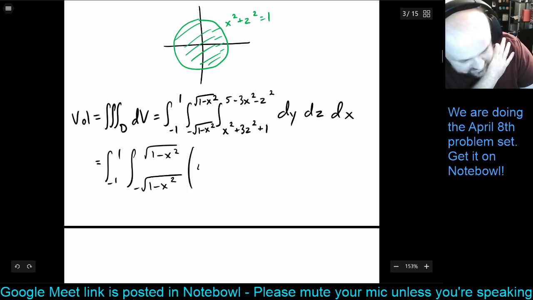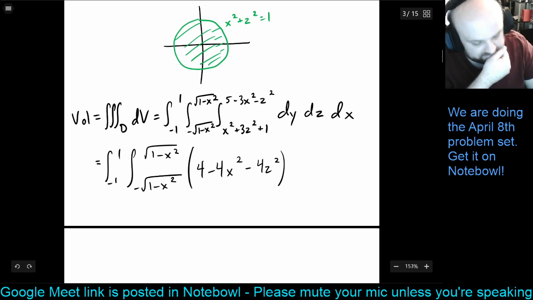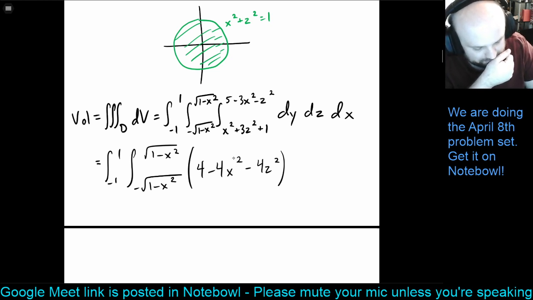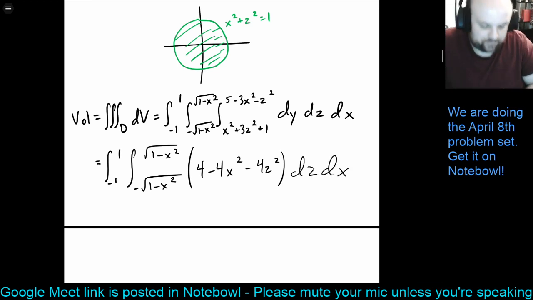Let's see, this minus this is going to be 4 minus 4x squared minus 4z squared. Oh, you know what? I actually completely forgot about this part. All right, that's fine though.